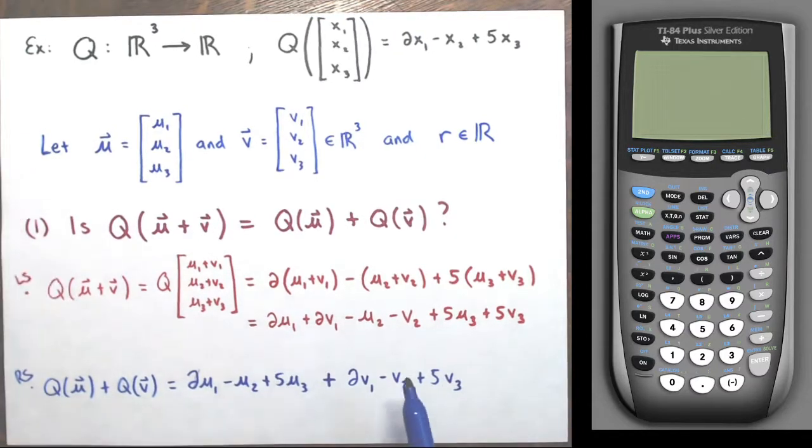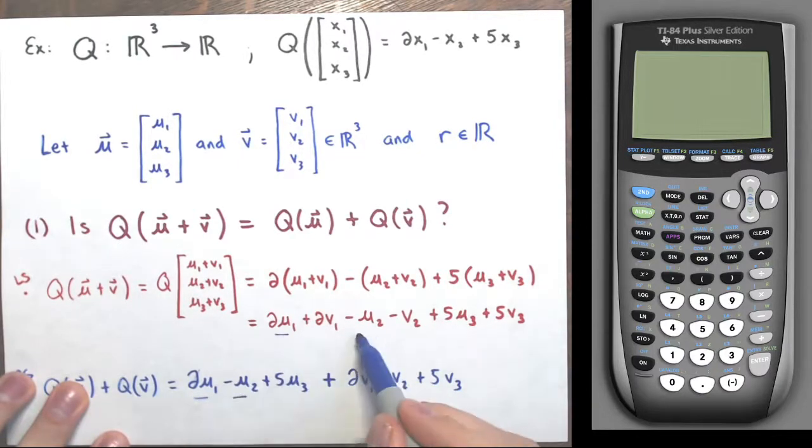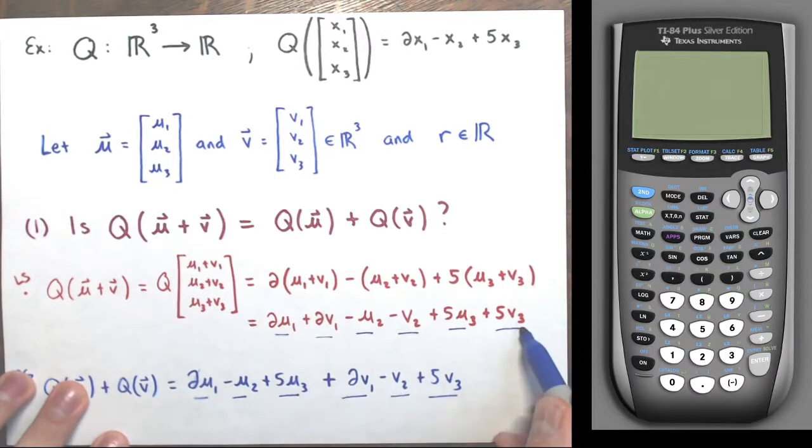Do you see how these are the same? Look at this: 2u1, 2u1. Negative u2, negative u2. I'll underline them. 5u3, 5u3. 2v1, 2v1. Negative v2, negative v2. 5v3, 5v3. All terms are accounted for.